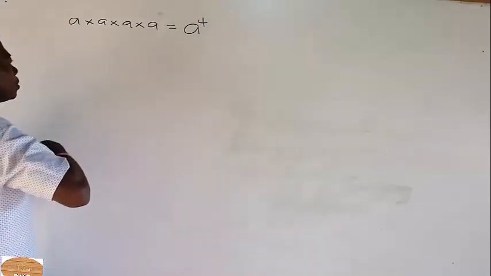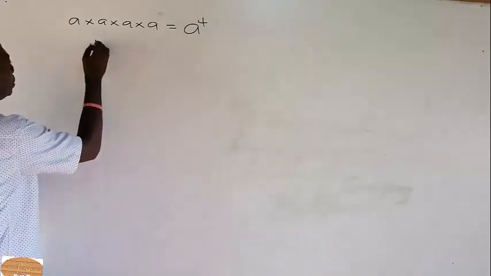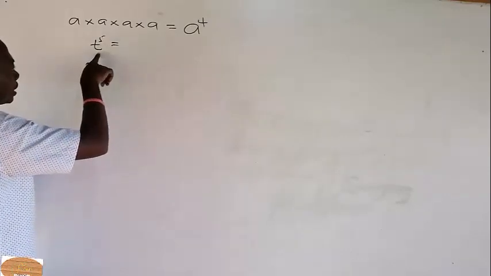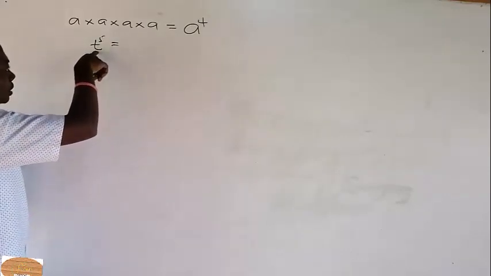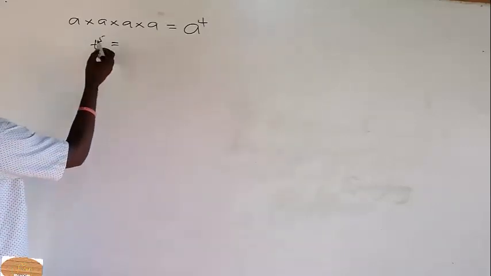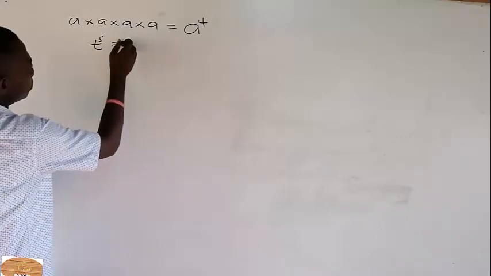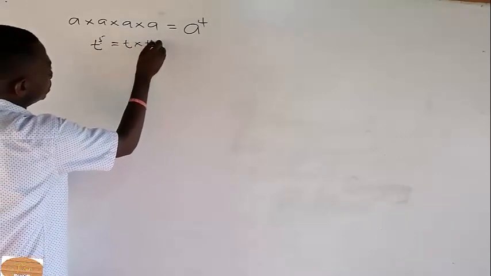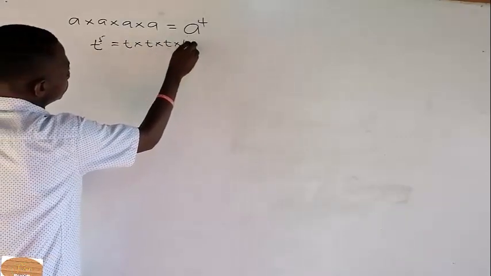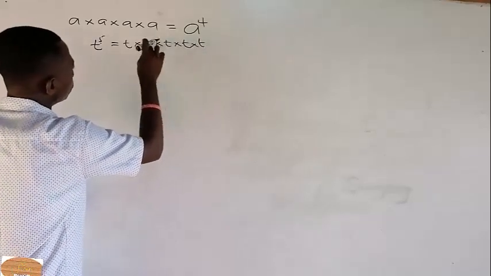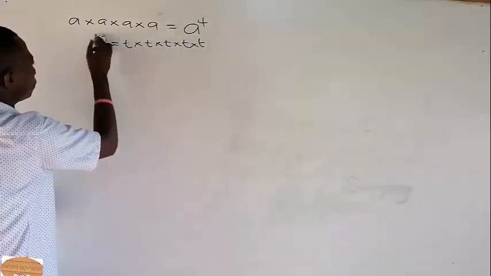Alright, so in case we're given, let's say, t to the power 5. Now this one is telling us that this t is multiplying itself the number of times, that is 5. So this one is the same as t times t times t times t times t. So 1, 2, 3, 4, 5, so 5.